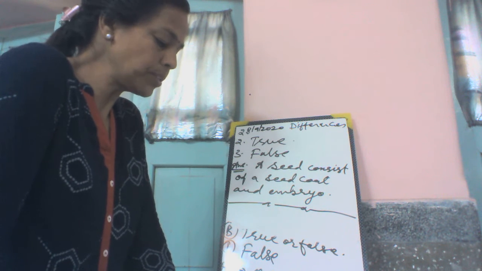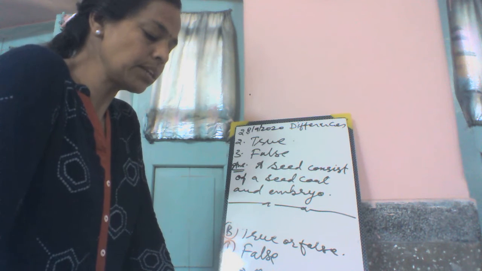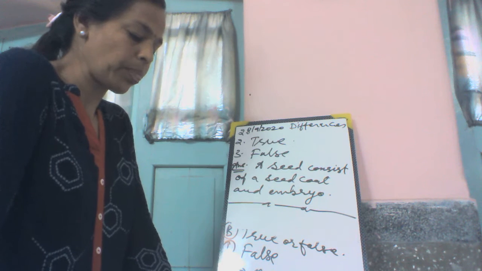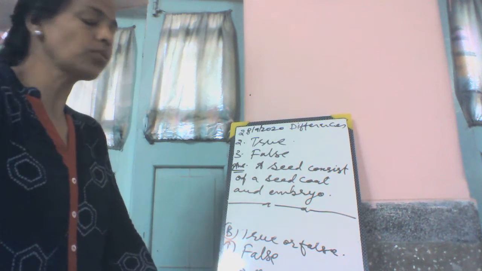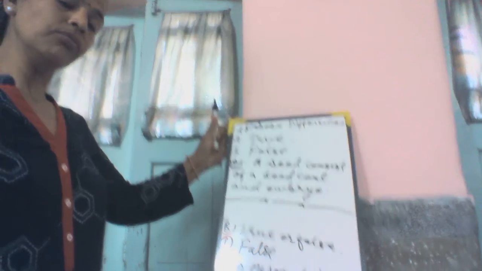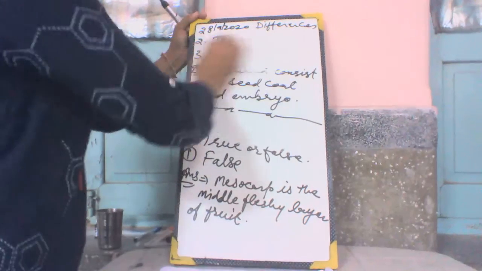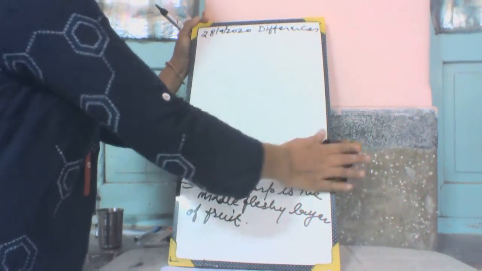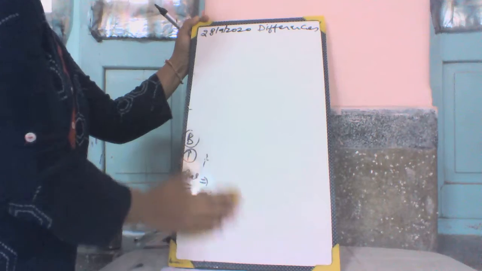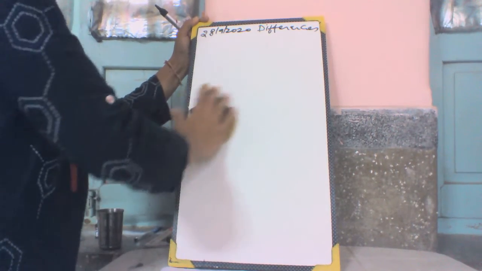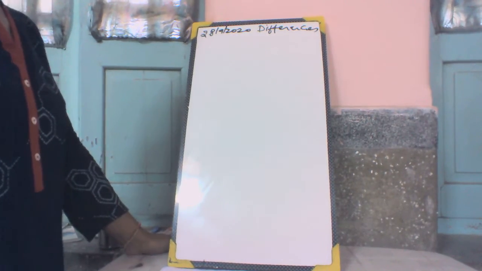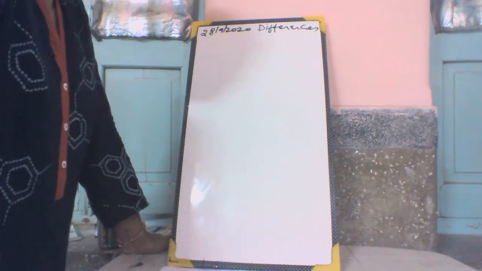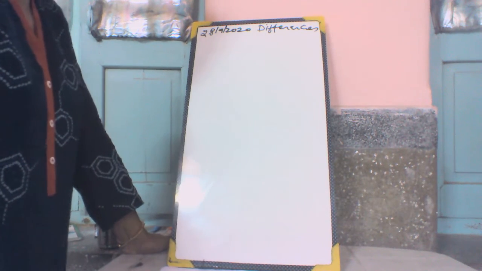The enzymes present in the seed digest the stored food and make it soluble. When water is soaked in a seed, it swells up and the stored food changes into soluble form.